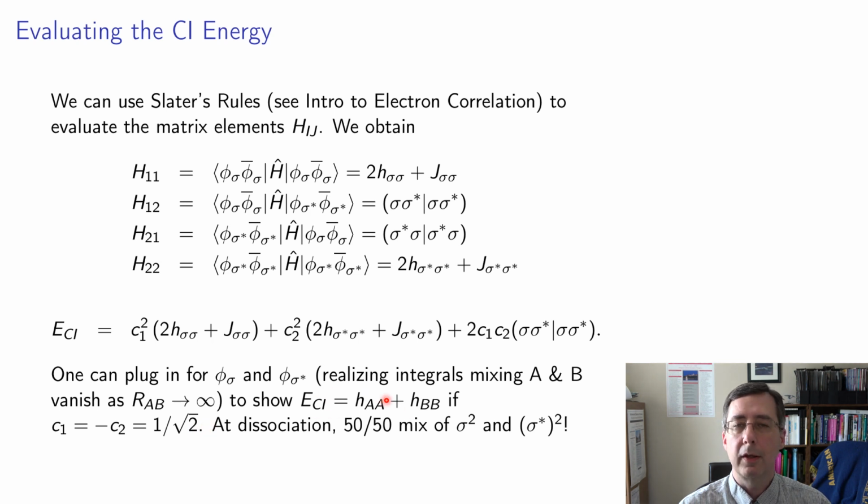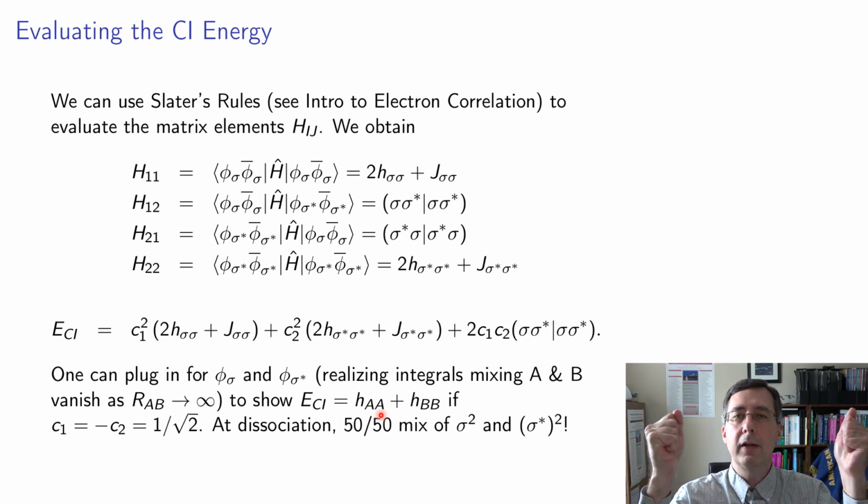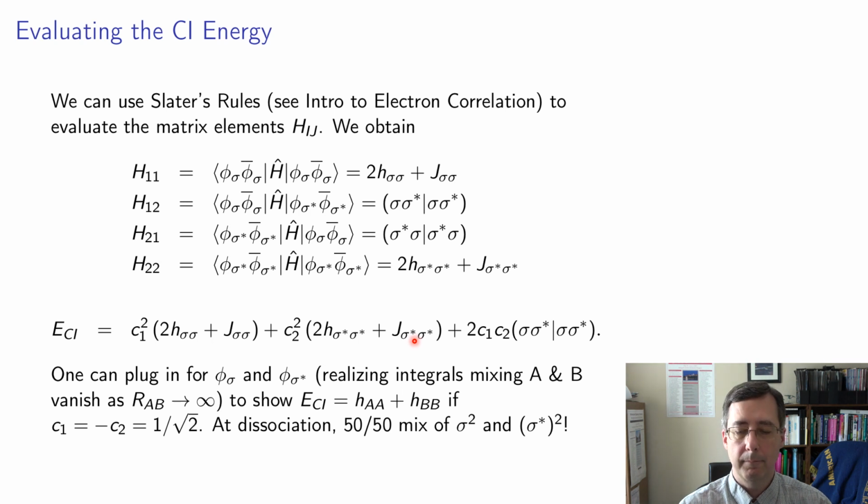And this is great because I said that if I get the exact solution at infinity, the energy should be a simple sum of the energy of this guy and the energy of this guy. And that's what I get in the CI. So CI, because it allows some mixing, essentially cancels the overestimation of the J sigma sigma term, which is good.